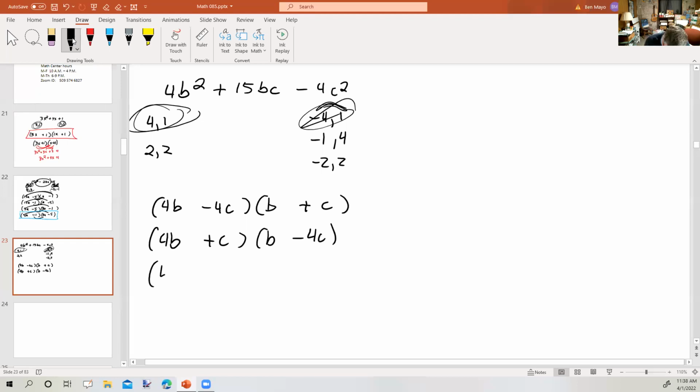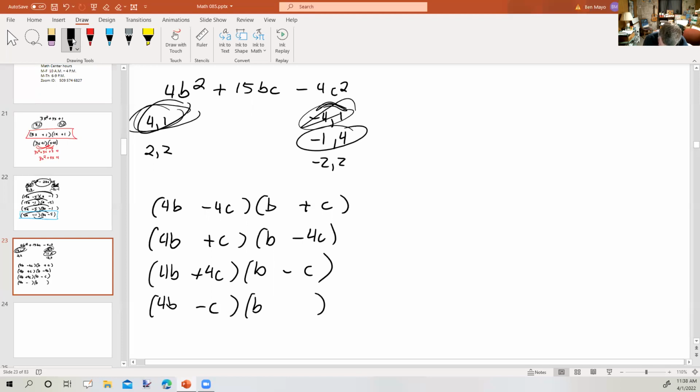But we could also have 4b and b with this group, which would be plus 4c and minus c. Or I could have 4b and b, and it would be minus c and plus 4c. So again, I'm taking one of these with one of those, the other with the other, and then switching them, to see what's happening there.